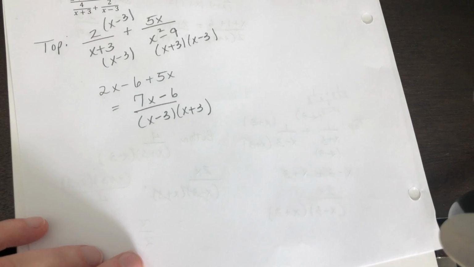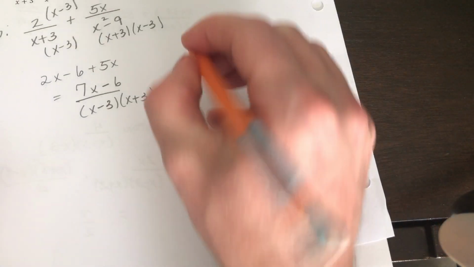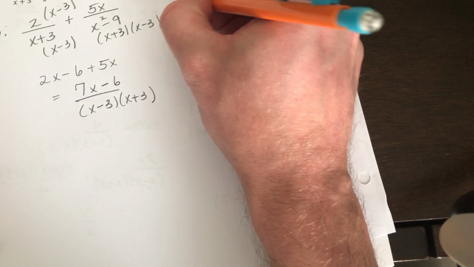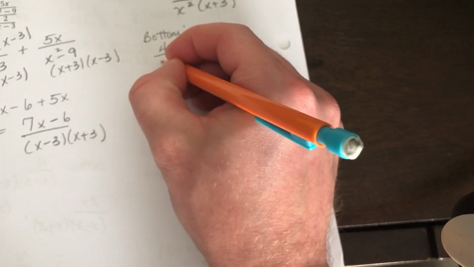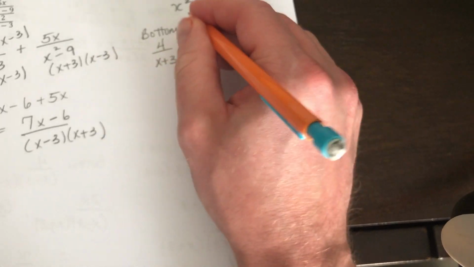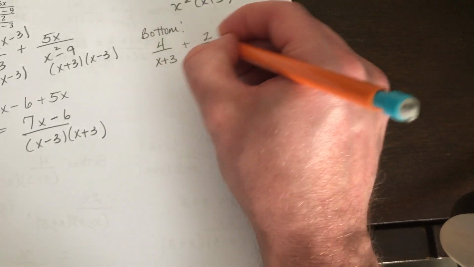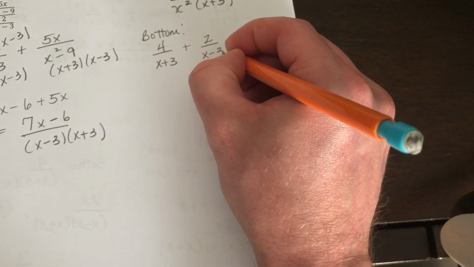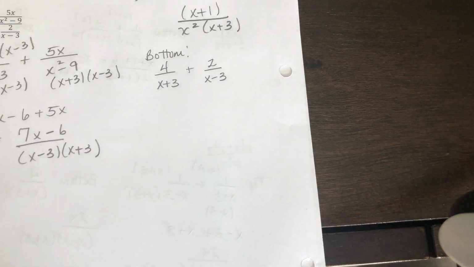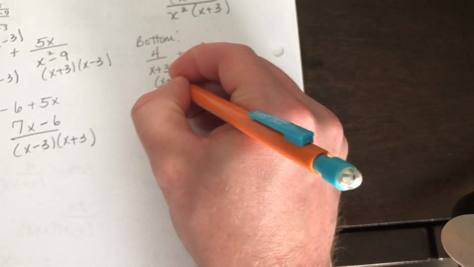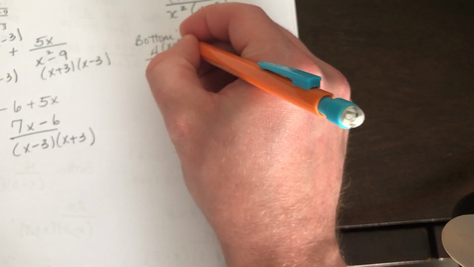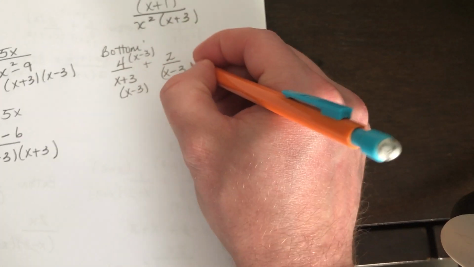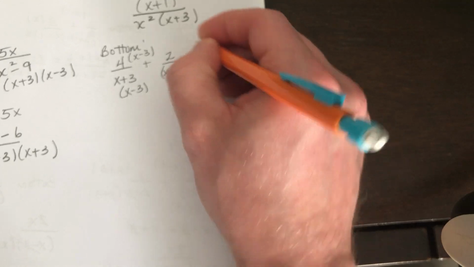That's my top fraction. My bottom fraction is 4 over x plus 3 plus 2 over x minus 3. So this one's going to be missing an x minus 3, and this one's going to be missing an x plus 3.